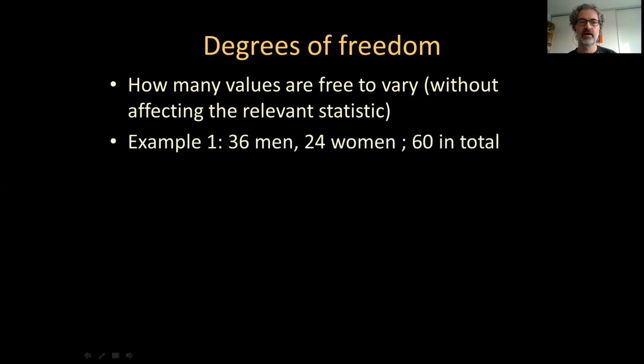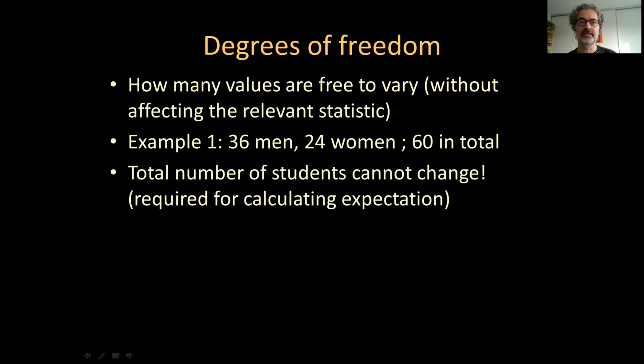So if we have observed 36 men and 24 women, that's 60 people in total. This total is fixed because it's our sample size. We need the sample size to calculate the expectation. However, we can imagine a different observation with the same expectation.